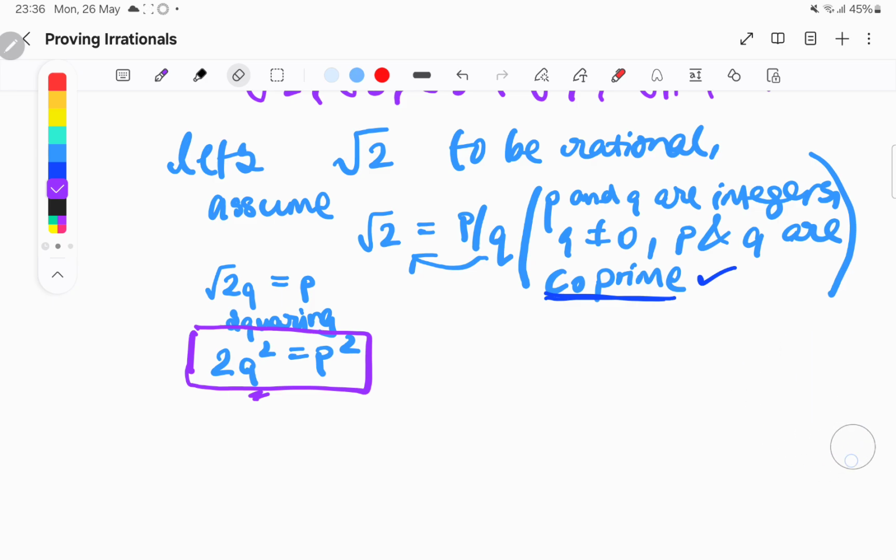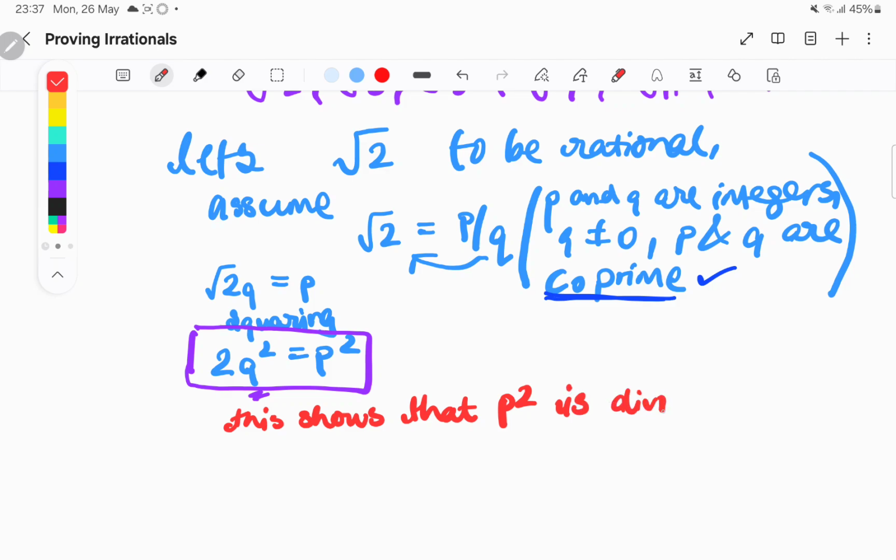Now let's just erase all this again. Now we reach over here. Guys, I'm telling you, you have to memorize this. It comes by practice. You have to write an important statement over here. It goes by the lines of this: this shows that p square is divisible by q square.